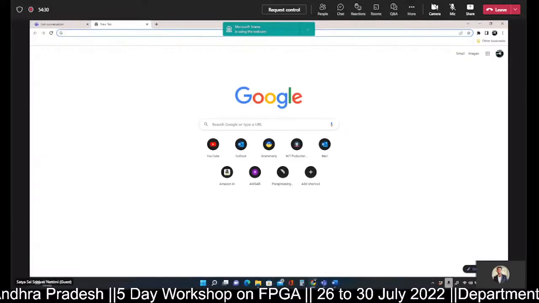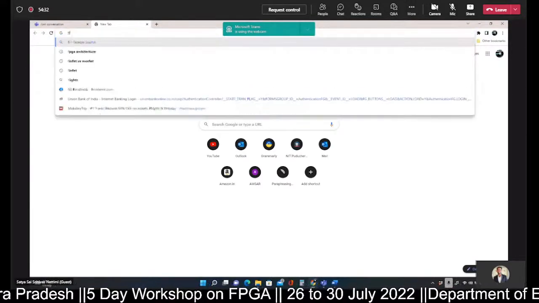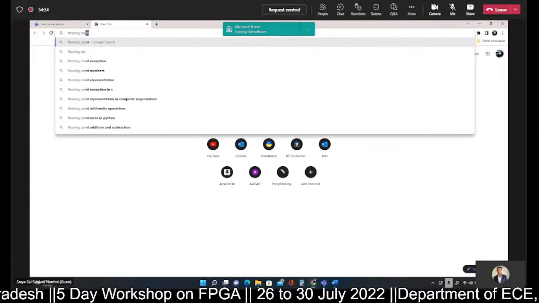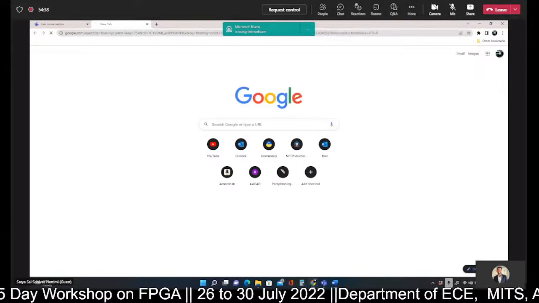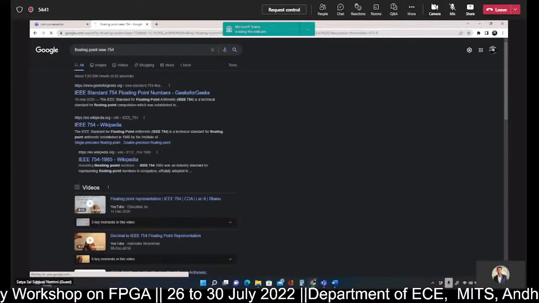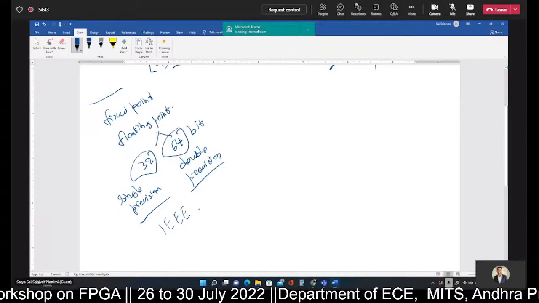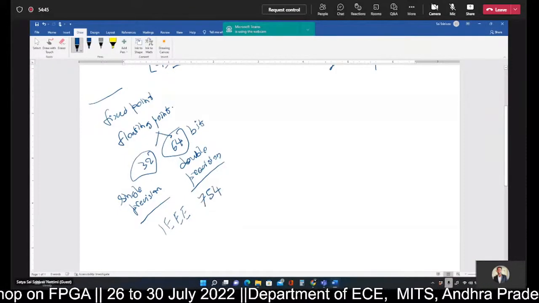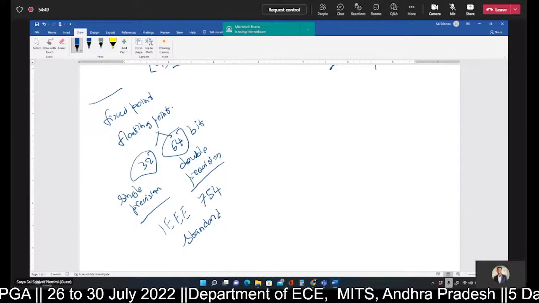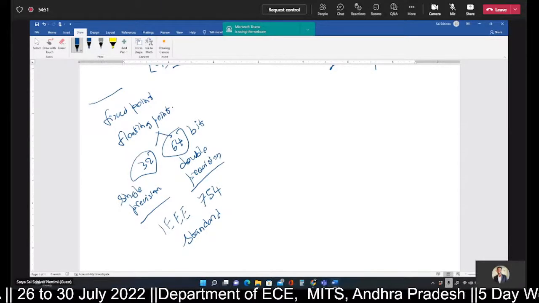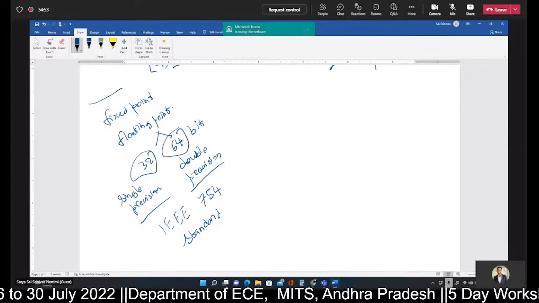I just forgot the number, one minute. IEEE 754. This is a standard defined by the IEEE regarding the floating point architecture.